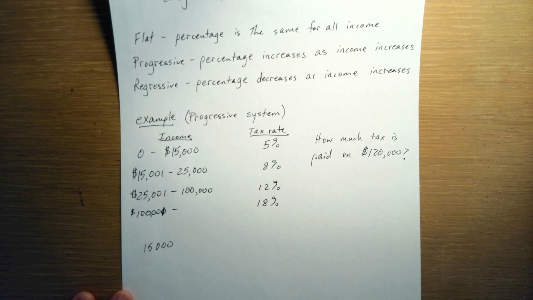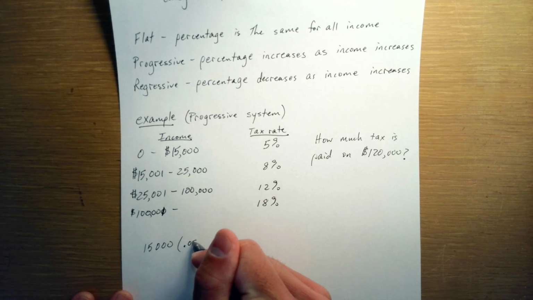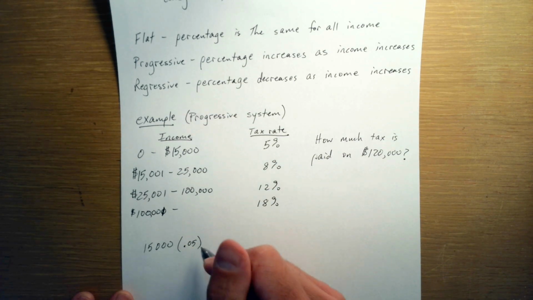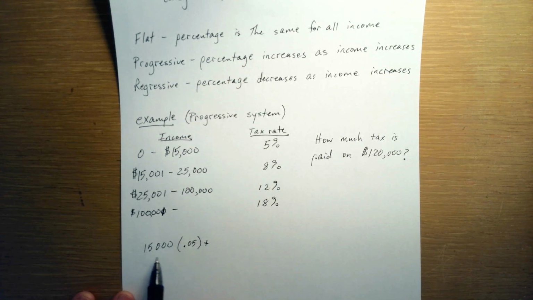So we take that $15,000 and we apply its tax rate, which is 0.05. And we apply the tax rate by multiplying the amount of money, 15,000, times the tax rate, which is 0.05. So we'll compute this in a second, but that will be the amount of tax, in other words, the number of dollars that you pay in tax on that first $15,000.